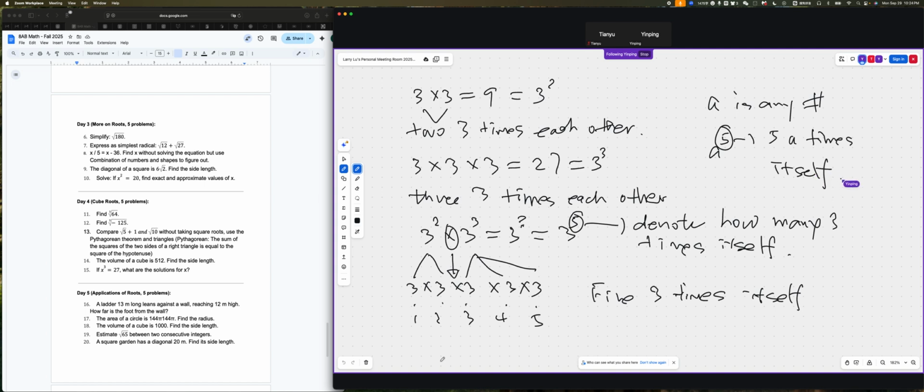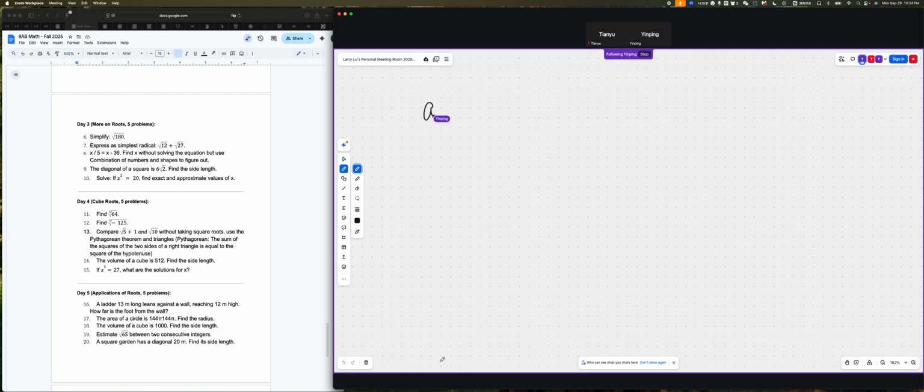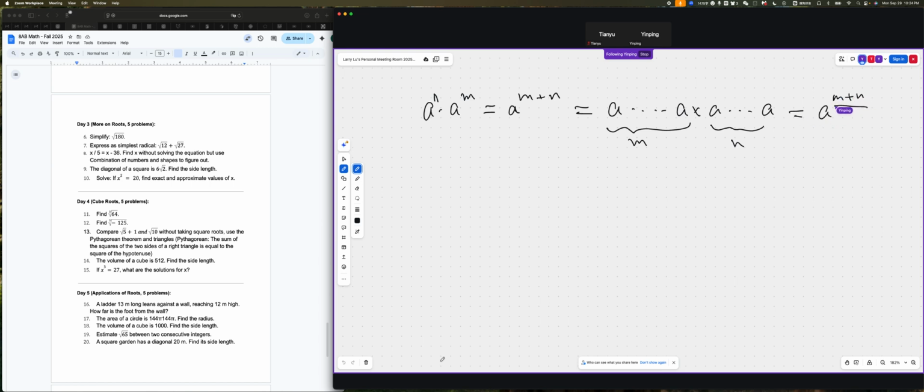That is the power. So we have a power m times a power n equal to a power m plus n, because I have a times a times a, m of them and then n of them. In total I have m plus n a's multiplied by itself, so the power is m plus n.